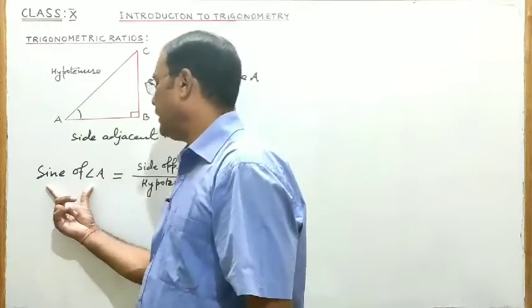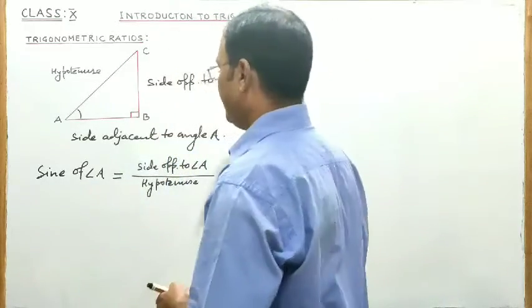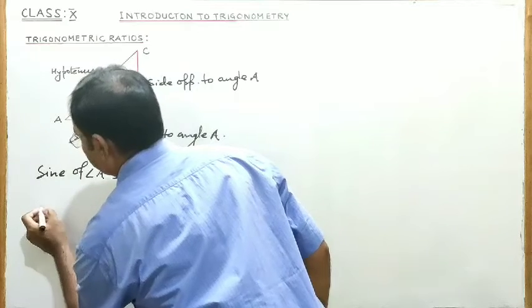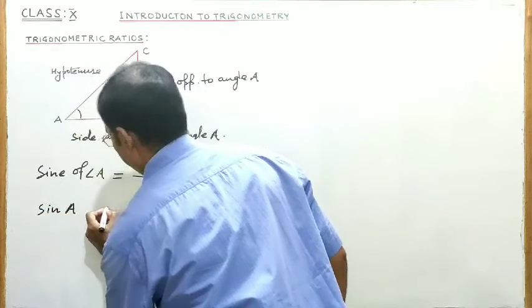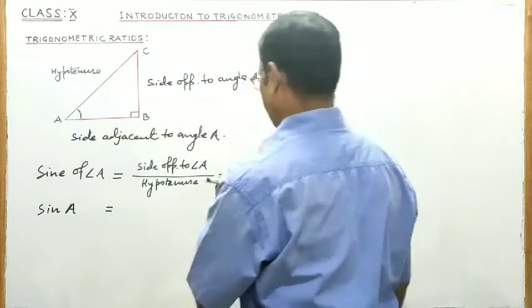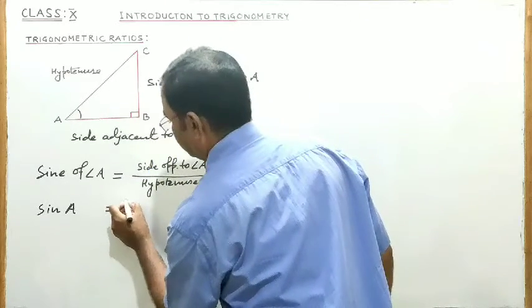This sine of angle A is abbreviated as sin A is equal to BC by AC.